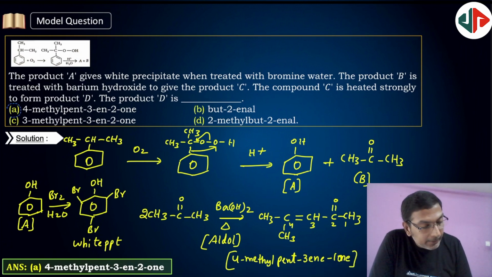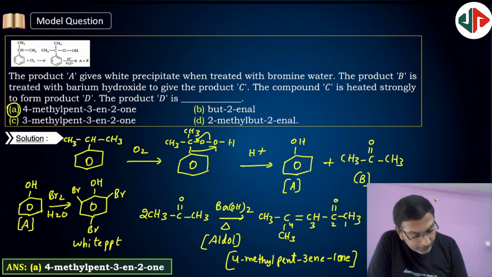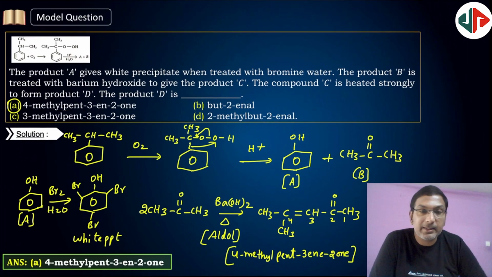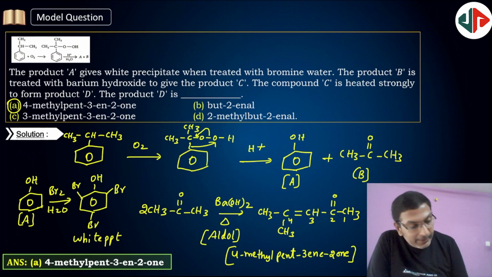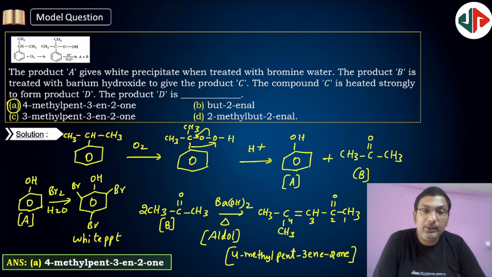Option A: 4-methylpent-3-en-2-one, not 1-one, 2-one. Very famous reaction. First cumene to cumene hydroperoxide. Next on acidification it gives phenol and acetone. Phenol gives white precipitate with bromine water. Next this is compound B, which gives 4-methylpent-3-en-2-one on aldol condensation.